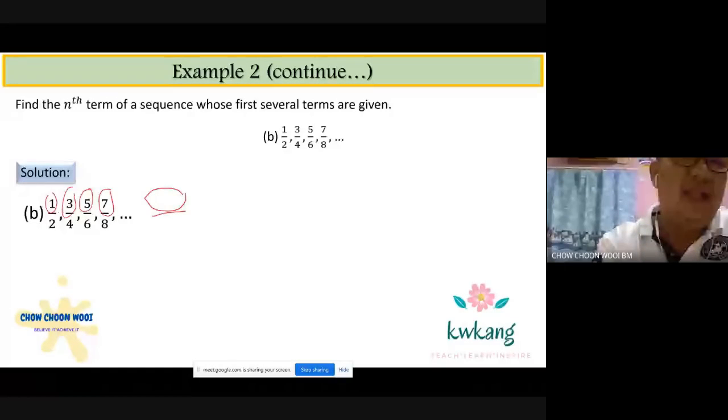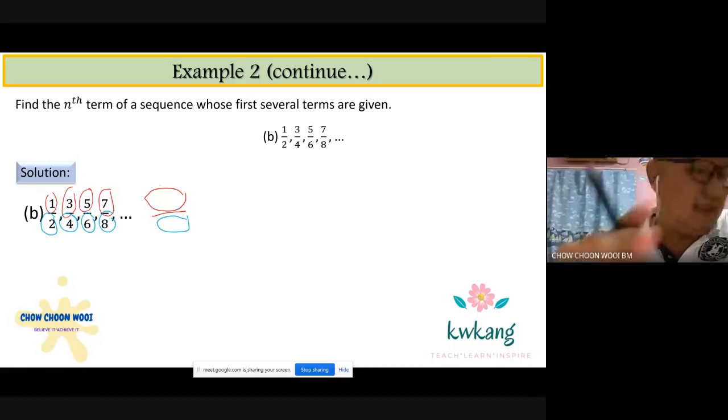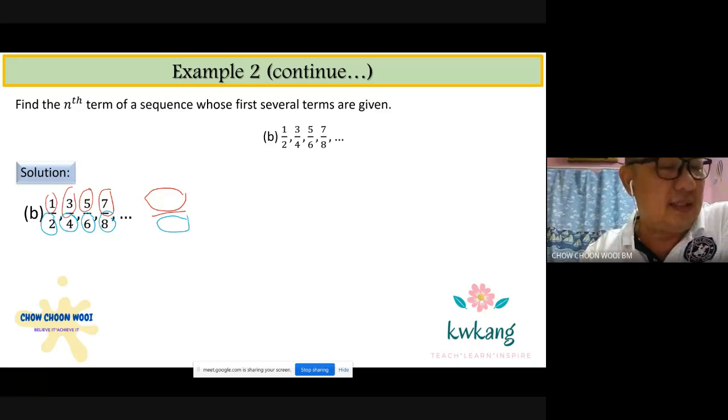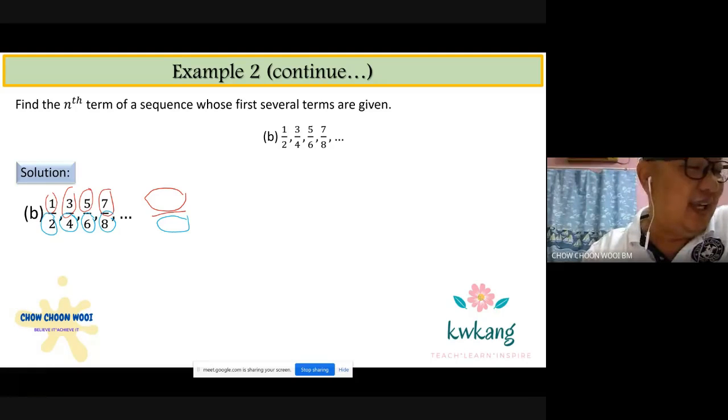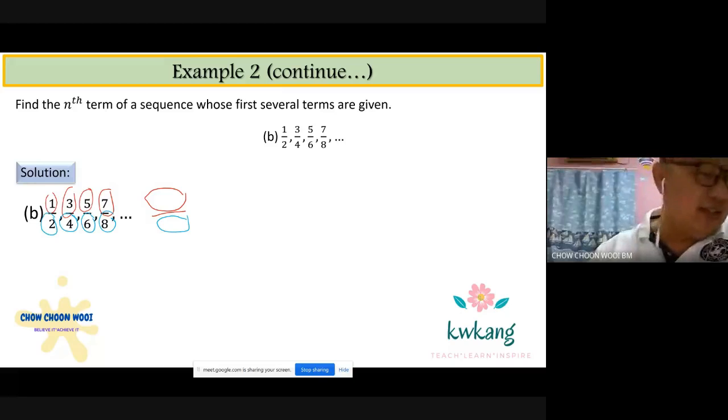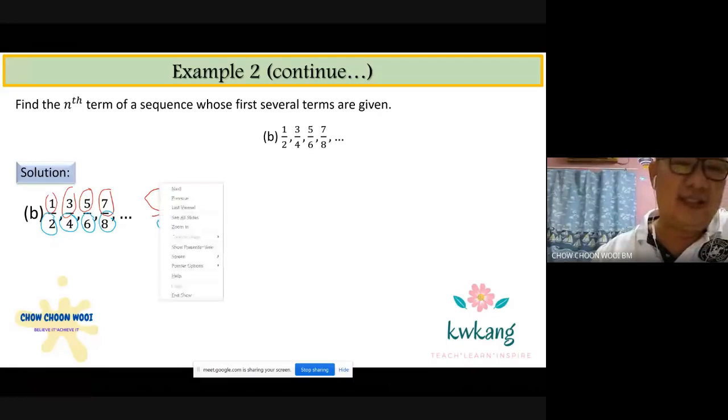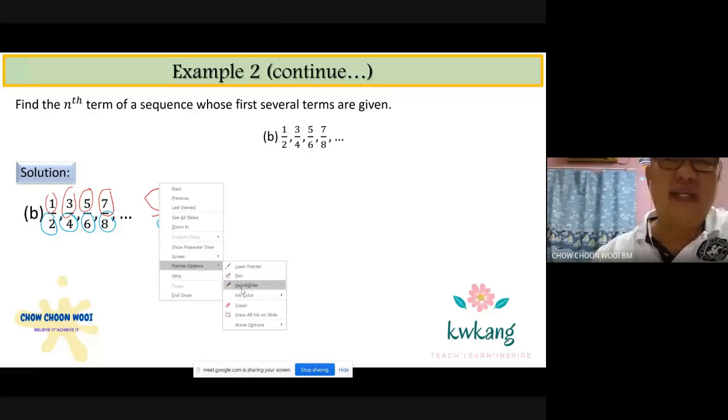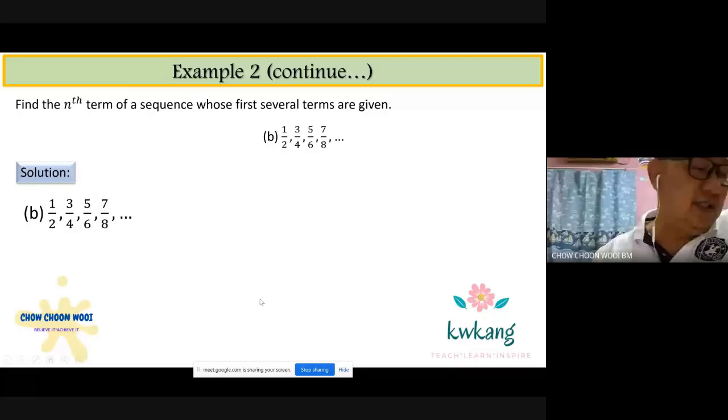Denominator which is 2, 4, 6 and 8. Right or not? So, 2 sebutan pertama, 4 sebutan kedua, 6, 8. Kalau sebutan ke n, kita buat kat sini. Nanti saya tunjuk. Okey tak? Boleh faham tak? Zulaika sekarang macam mana kita nak dapat pattern dia. Okay. Good. Thank you.